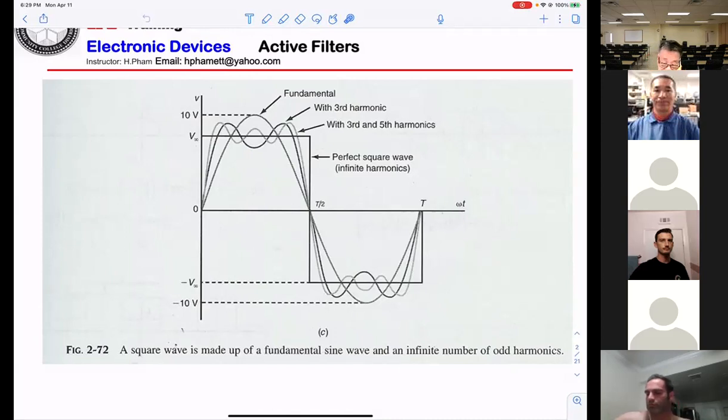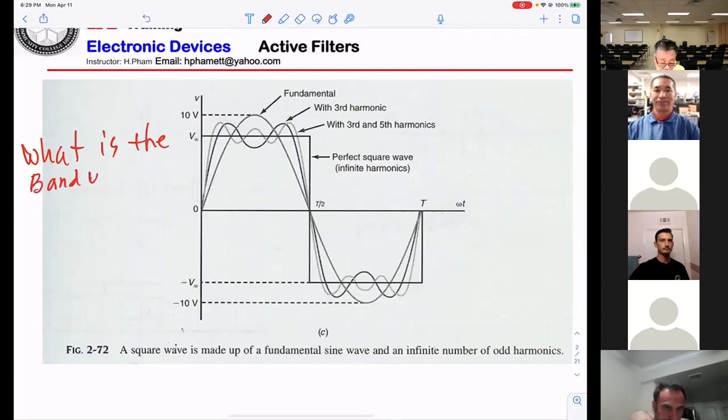The question is, what is the bandwidth of 1 kilohertz sideways.